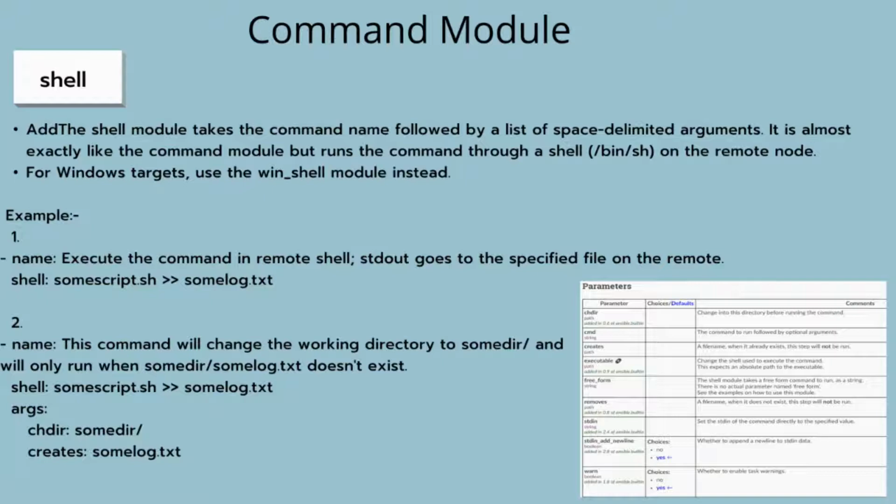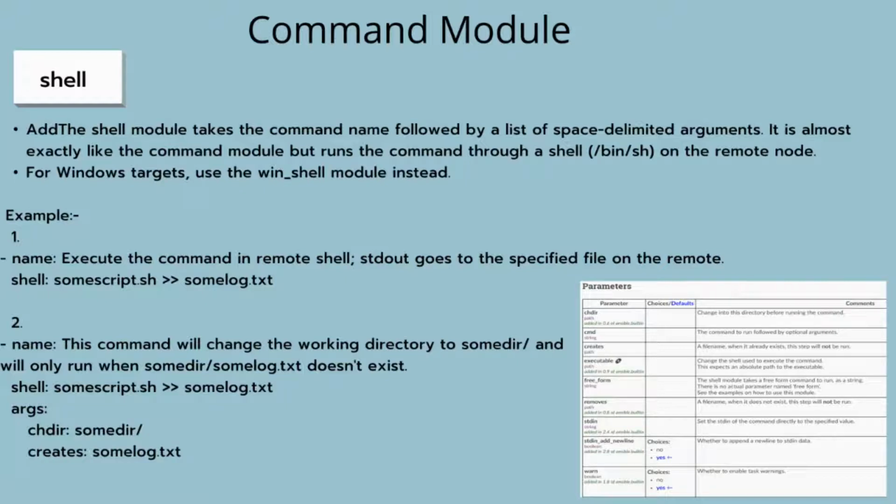So in this case, if I want to execute any shell script, I will execute it using the shell module here. The example here is shell with some script name, and then I'm redirecting the output of that shell script to a txt file.